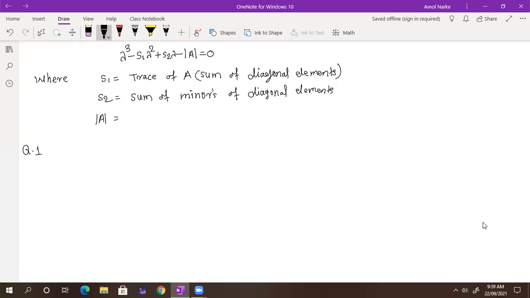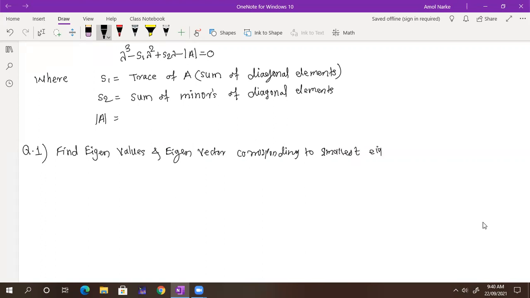So question 1, what they are saying, find eigenvalues and eigenvector corresponding to the lowest or smallest eigenvalue of a matrix A. So matrix A is given to you: 5, minus 10, minus 5.